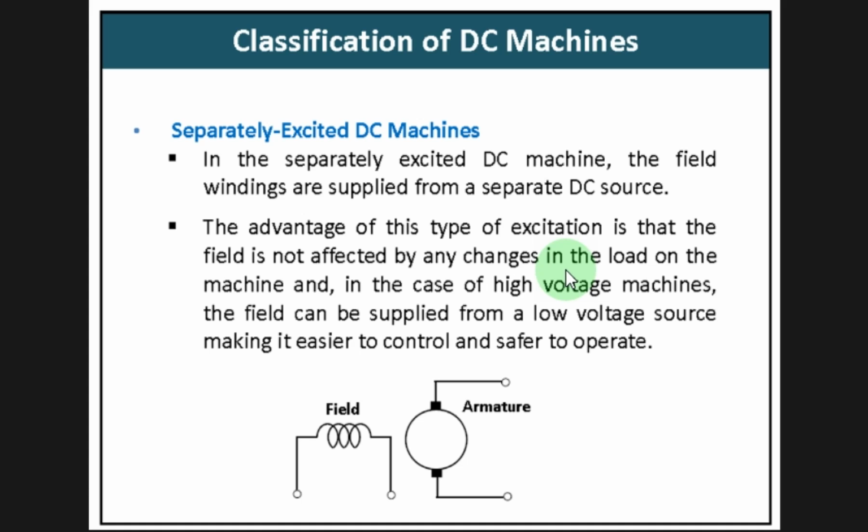In the case of high voltage machines, the field can be supplied from a low voltage source, making it easier to control, and it is safer for operation. So that is the main advantage of separately excited DC machines, which is that it is independent from the armature current or the load.